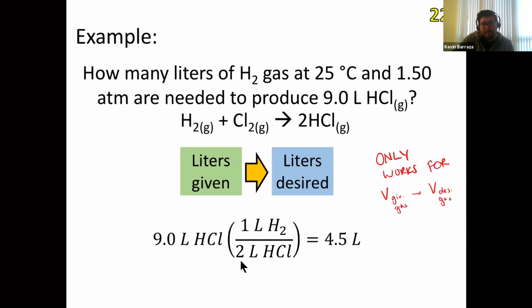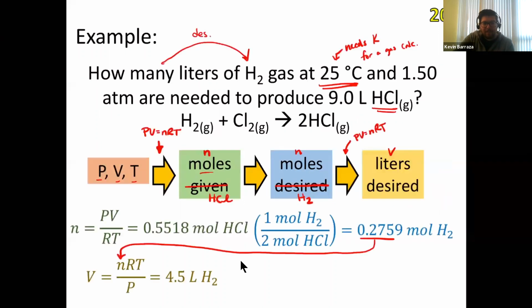I should stress, this is a nice trick. This is a nice shortcut. Remember that if I wanted to, I could have done it the full way that we've been doing it: moles given to moles desired, connecting the arrows, and doing all the steps. This got me the same answer and works just as well.